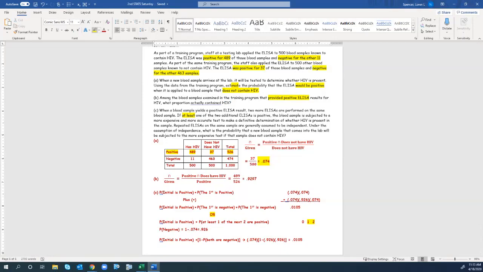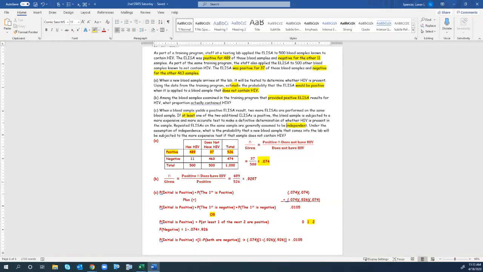Repeated ELISA tests on the same sample are generally assumed to be independent. This is important because it tells me that I can multiply probabilities. Because they're independent, I can multiply them. So under the assumption of independence, what is the probability a new blood sample that comes into the lab will be subject to the more expensive test if that sample does not contain HIV?